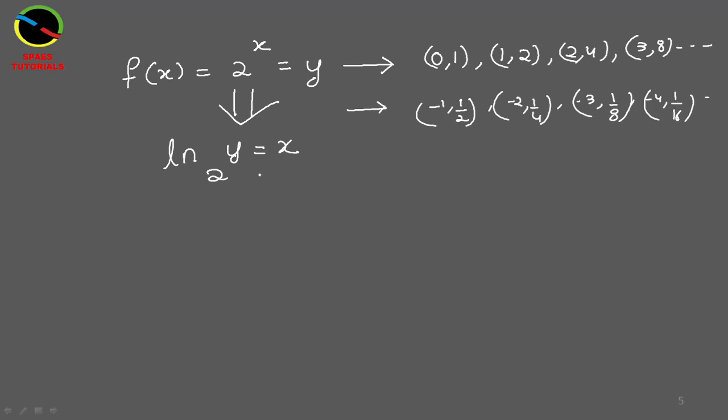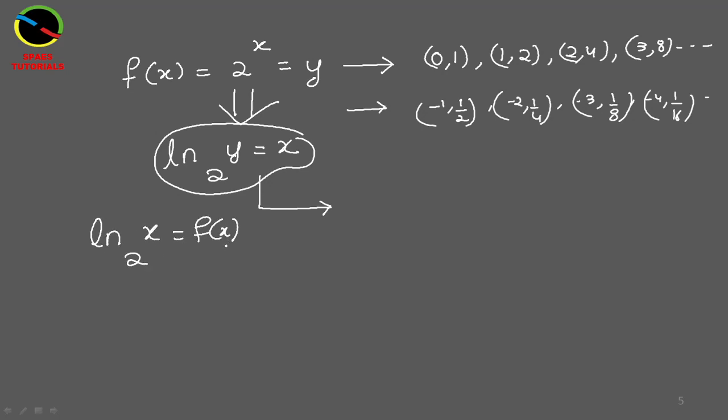Now if you consider the coordinate points for the logarithmic function, the logarithmic function generally looks like log x base 2, correct? So the input should be this number. Let's give the input as x equal to 1, then f of x is going to become 0.